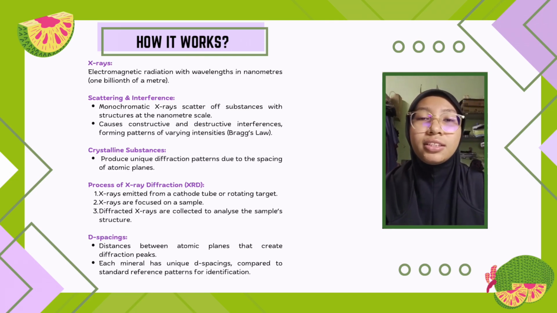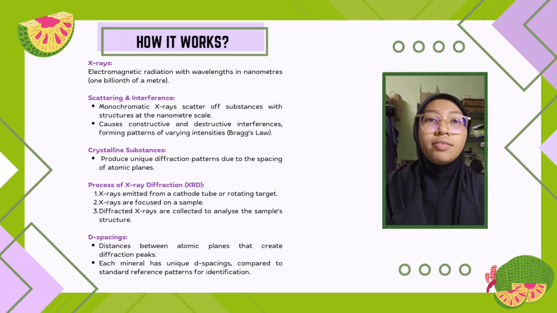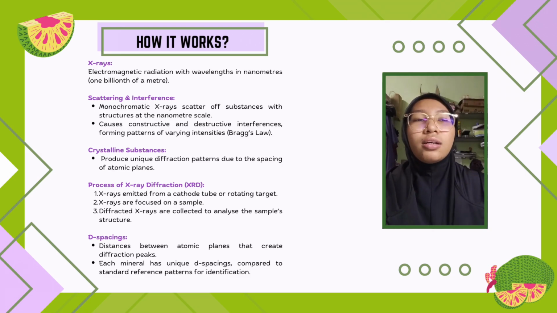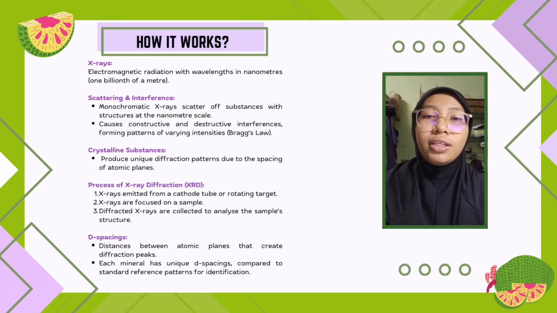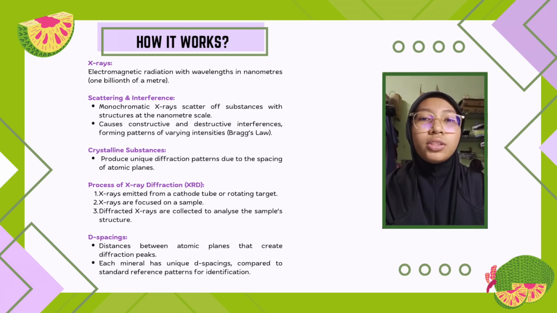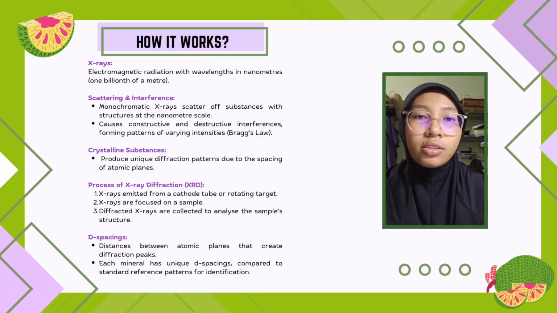This scattering creates interference, where the waves either combine, called constructive interference, or cancel each other out, called destructive interference, forming patterns of different intensities. This follows something known as Bragg's law.